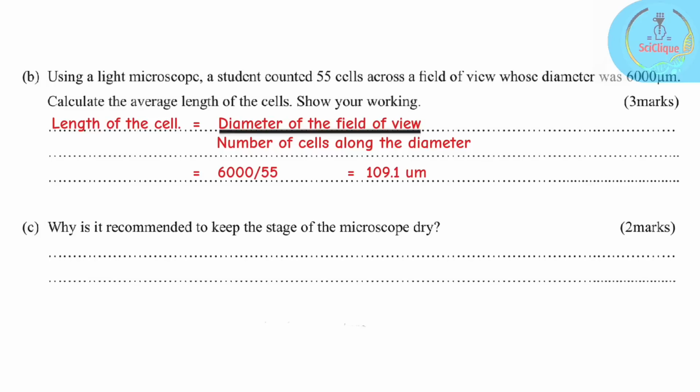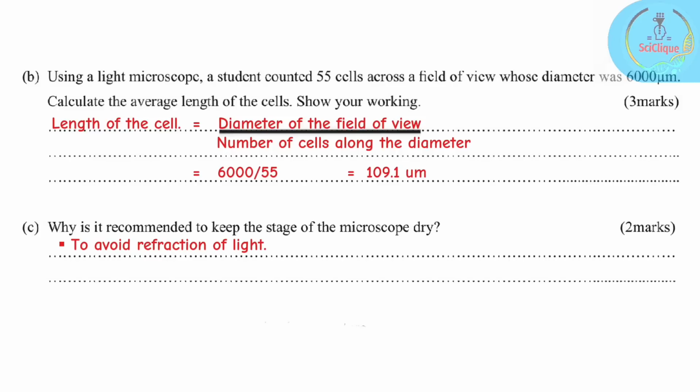Part C. Why is it recommended to keep the stage of the microscope dry? Okay, so let me mention two reasons. Number one, to avoid refraction or reflection of light. Now, when this happens in the presence of water, reflections or even refractions can occur, and they're going to make it difficult to focus and observe the specimen clearly.